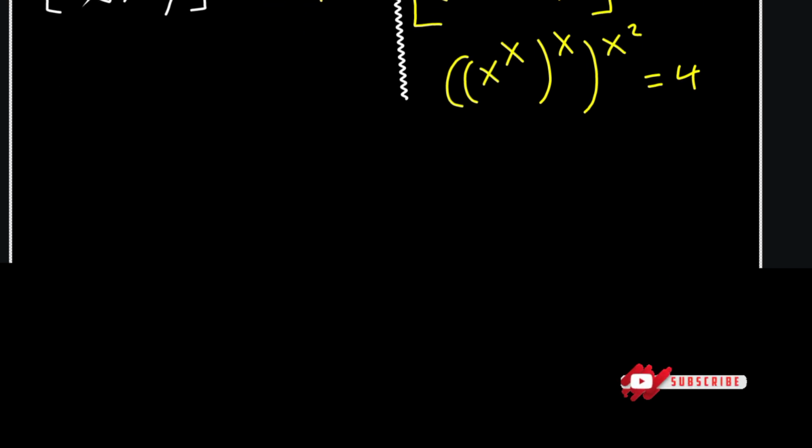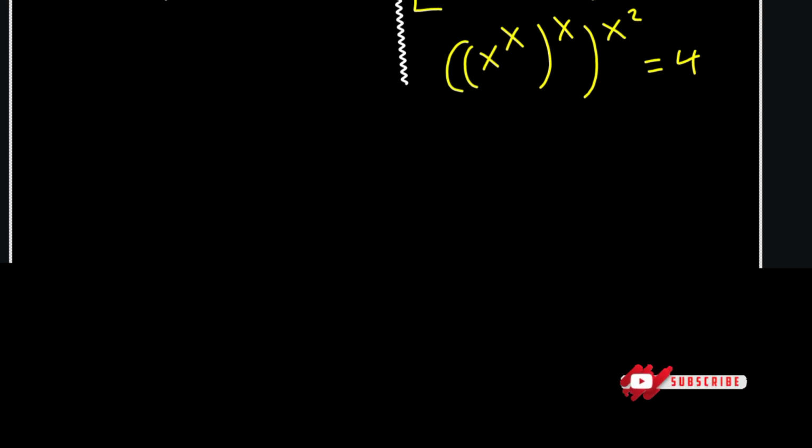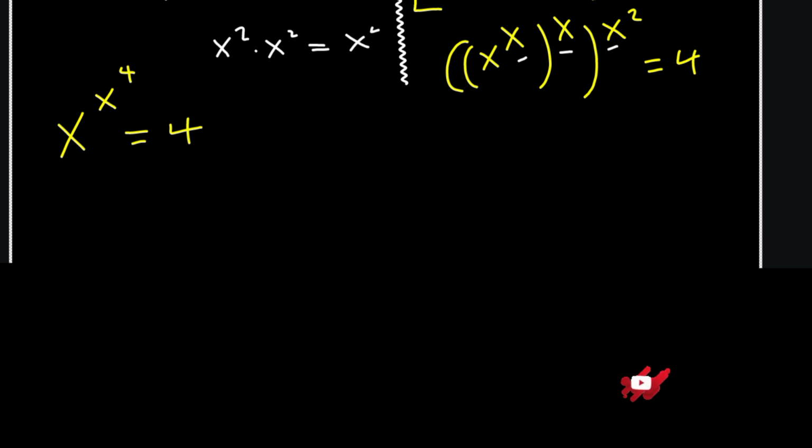When we simplify all this, we are going to end up with x times x squared. That's going to give us x to the power of x to the power of 4, which equals 4, because x times x is x squared, then times x squared, which gives us x to the power of 4.